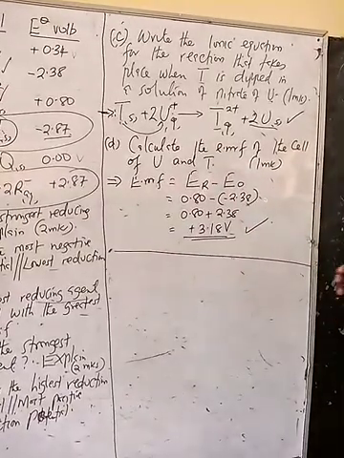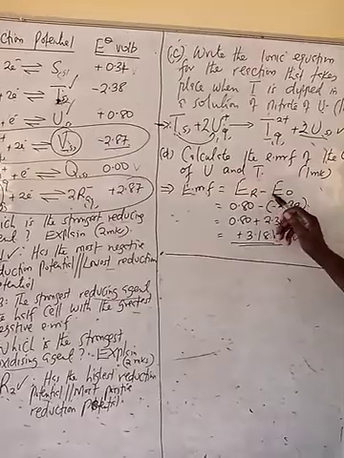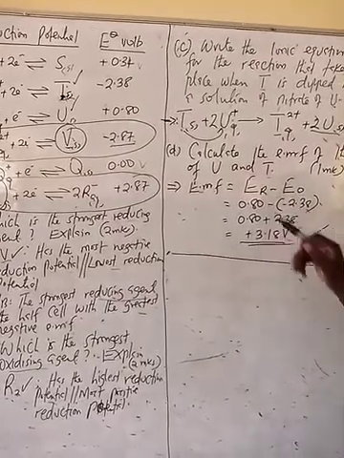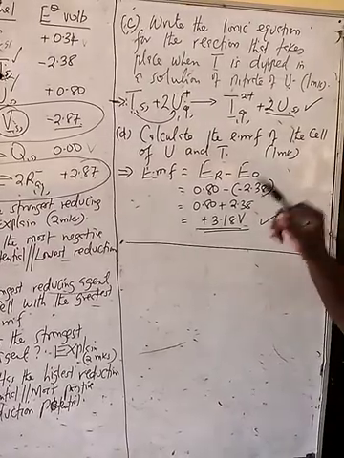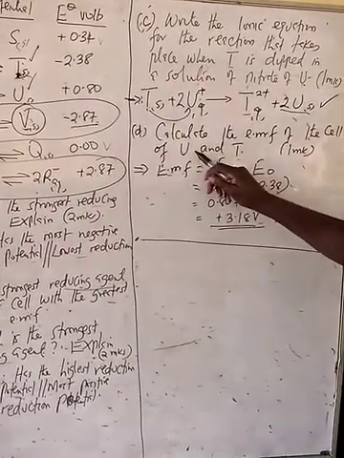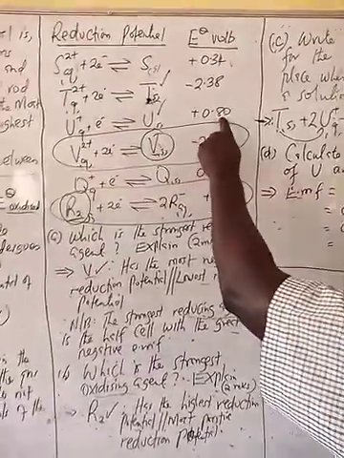Calculate the EMF for the cell of U and T. So the EMF, we have said, is E reduced minus E oxidized. E reduced is the half cell with the greatest positive, oxidized is the one containing the greatest negative. If you compare T and U, then U is reduced.